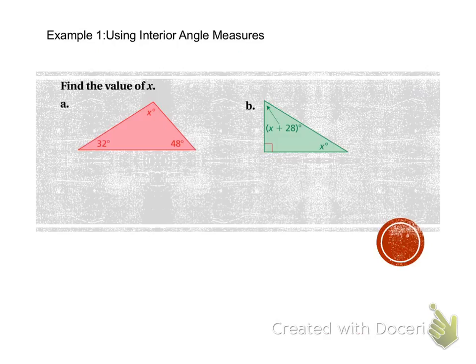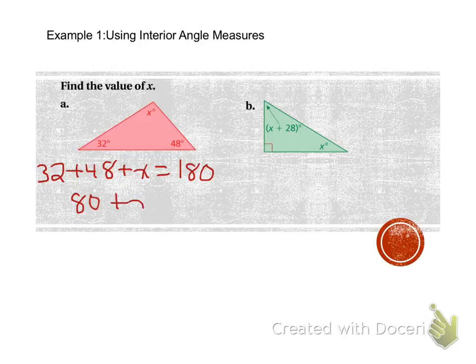Now looking at our first example here, we're going to be using the interior angle measures to find out what those are. So remember, we've got 32 plus 48 plus x is going to give me 180 degrees. We add those together and we're going to get 80 plus x equals 180.